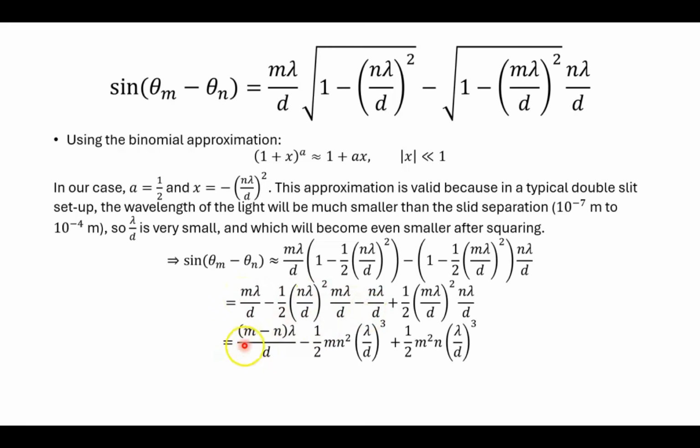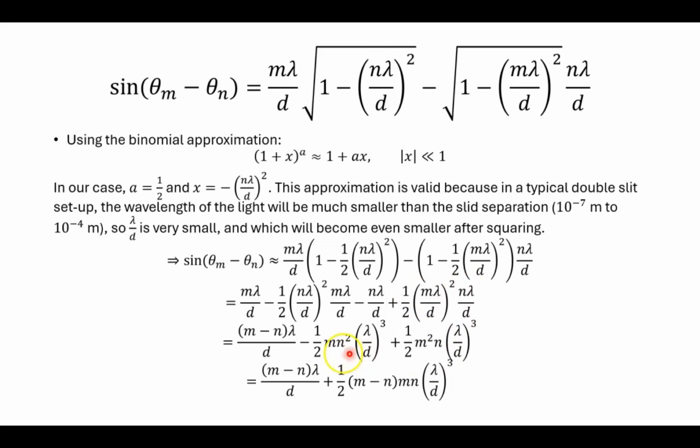And this first term, you can see already looks like something we like. And for the next two terms, we just expand it. There is an n squared, which is this, and the m here. And this is a lambda over d squared, and there's another one here, which gives us a cubed term. And for the second term, we just basically do the same thing.